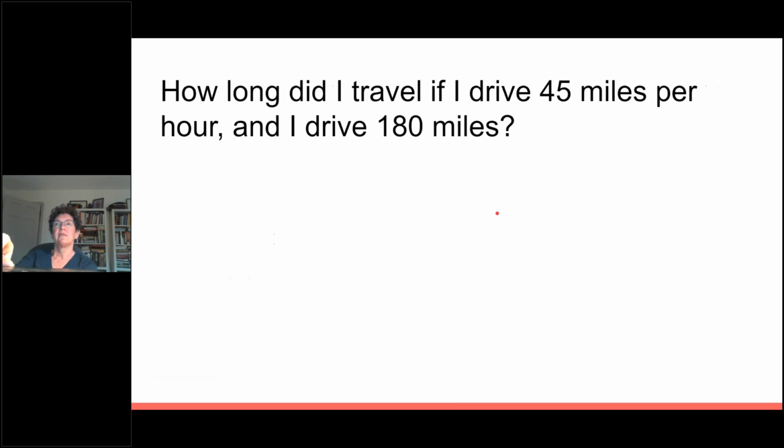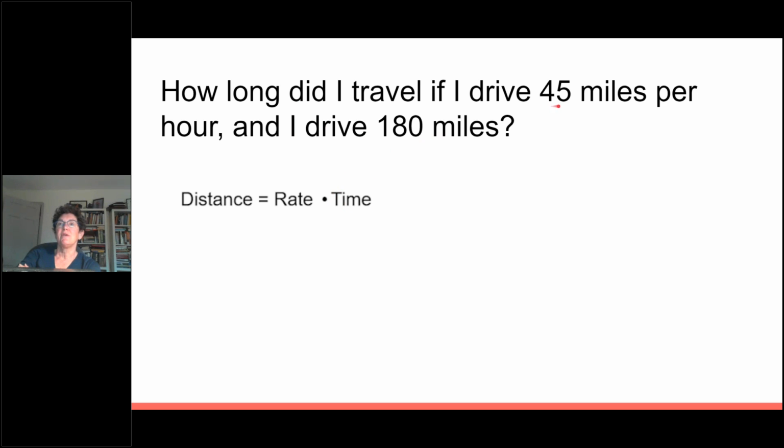Let's look at it a different way. Now, how long did I travel if I drive 45 miles per hour and I drive 180 miles? Think about what our formula is going to be. This is a distance formula. Distance equals rate times time. But in this case, how long did I travel means that I'm looking for the time.